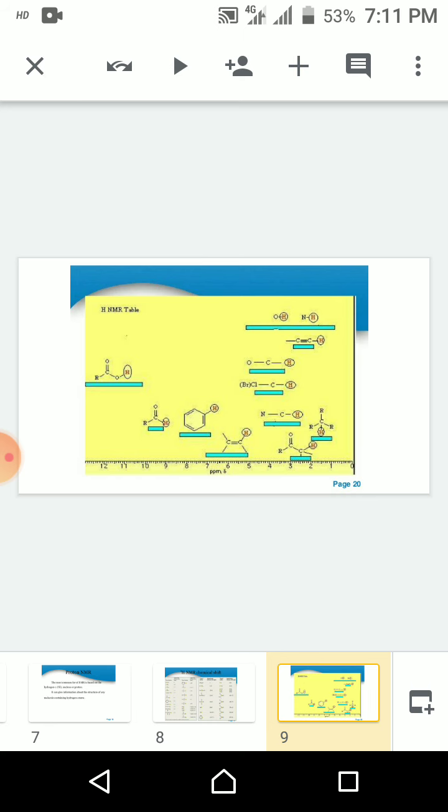That is the structure of the HNMR or proton NMR table diagram in the form of a linear structure. In this way, as per the scale, we can understand which one is located where.